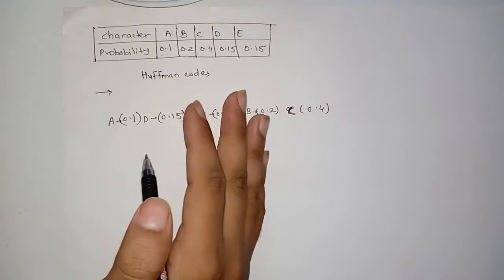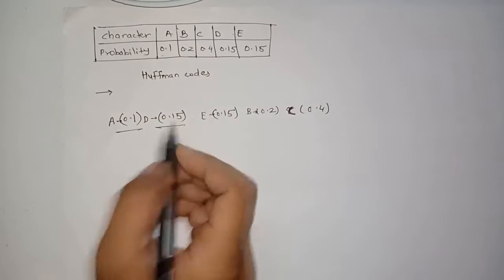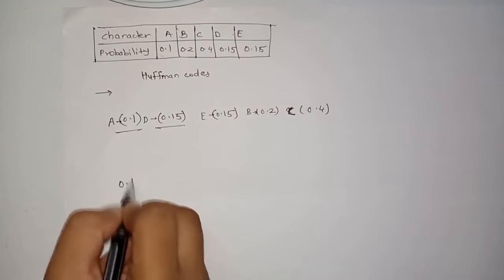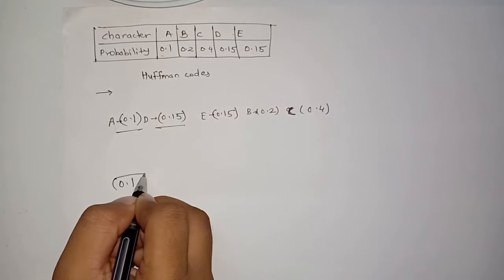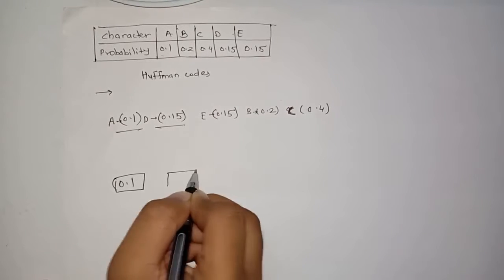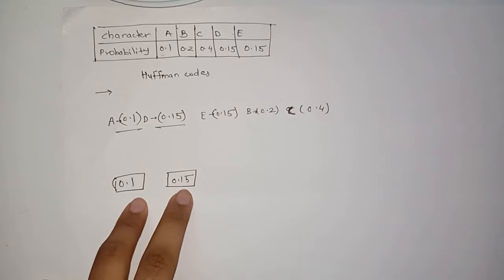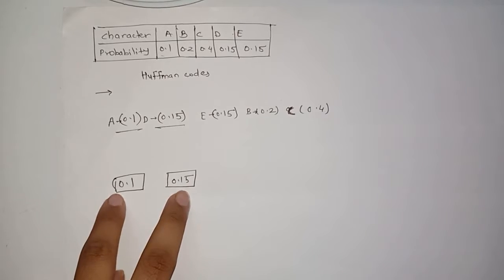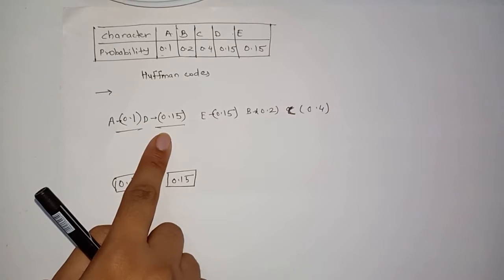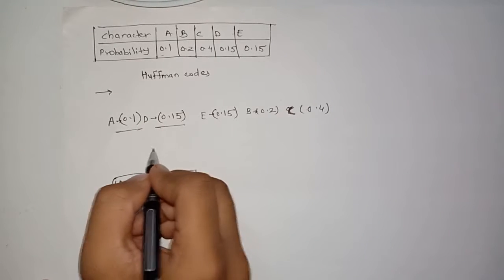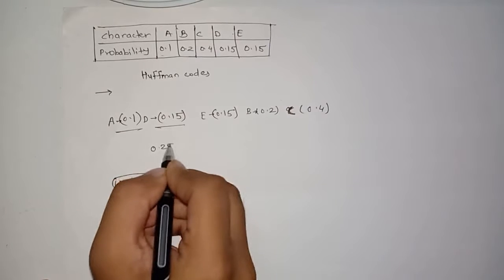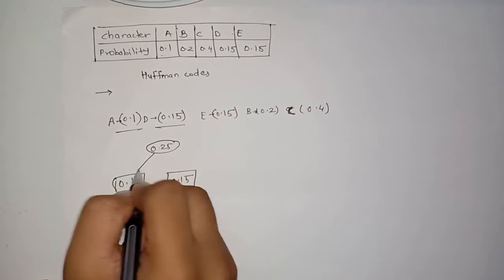Consider the pair of the two lowest elements, that is first A and D, that is 0.1 and 0.15, and the sum of these two elements is the parent of these two elements. So sum these two elements, that is 0.25.